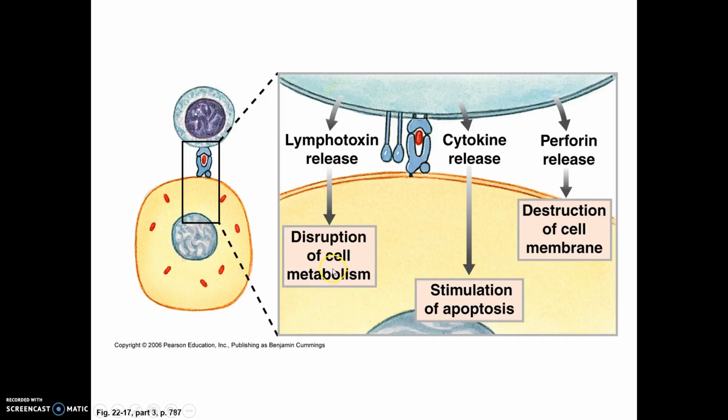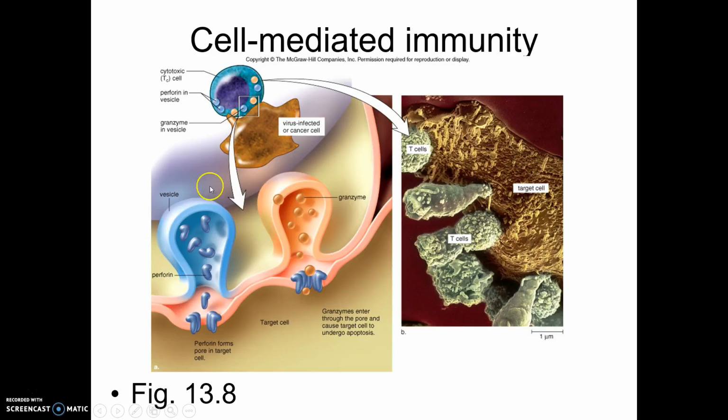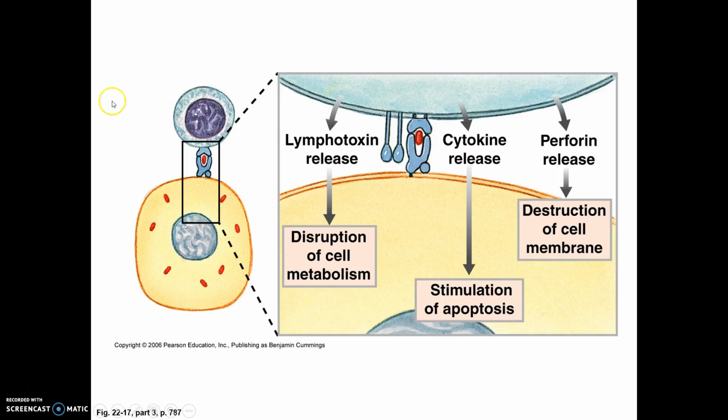This helps break down the proteins, the enzymes that would be needed for regular cell metabolism. And then the cytokines would stimulate the production of enzymes that would start eating parts of the cell itself. So here we see three possible ways that we're killing this cell. In this picture, we're seeing two possible ways of killing the cell. But the bottom line is that the cytotoxic T cell is releasing chemicals that kill the infected cells.